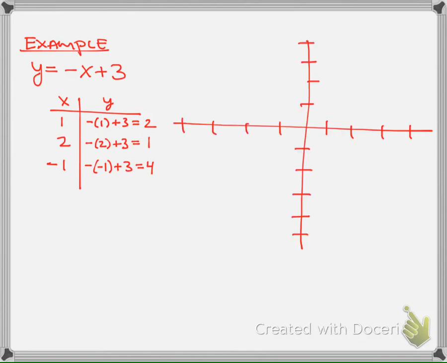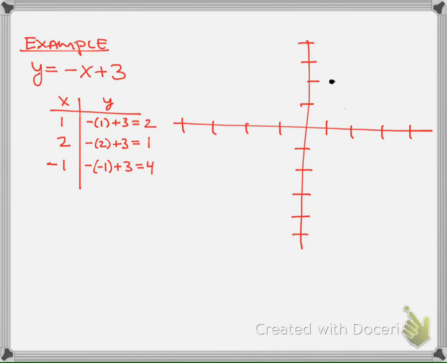Now we're going to take the time to plot each one of the points that we just found. Let's pick a different color here. We go 1 unit to the right, 2 units up. So our first point is located at 1, 2.